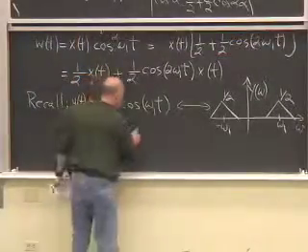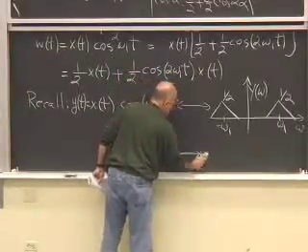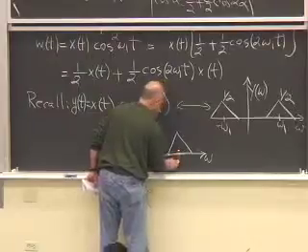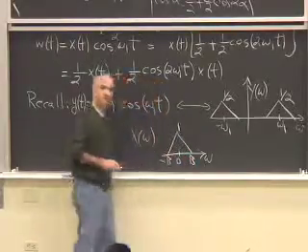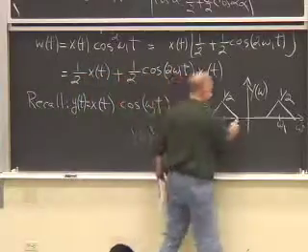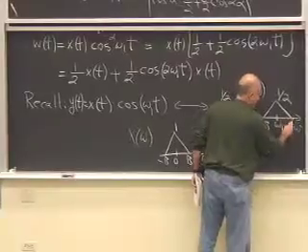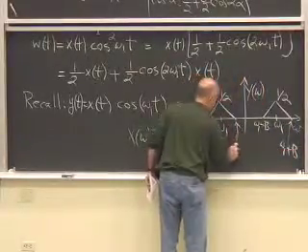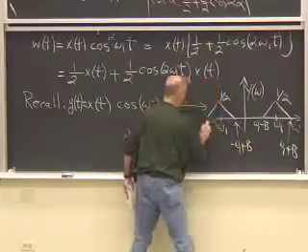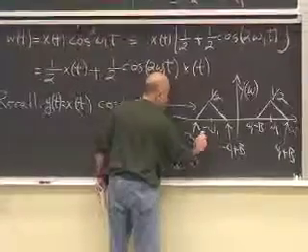So X of omega, we assumed had some kind of a spectrum, and I just arbitrarily drew it this way. Peak of 1. And here you have omega 1 minus b, and that's omega 1 plus b, minus omega 1 plus b, minus omega 1 minus b.